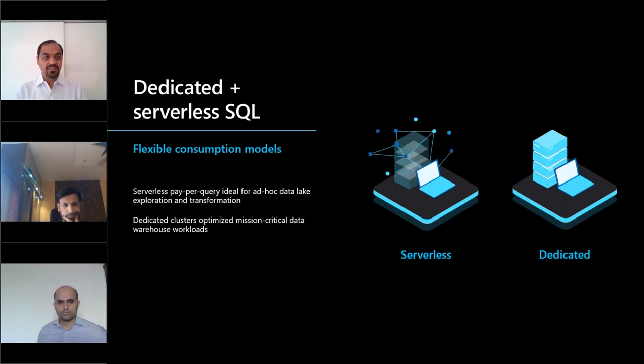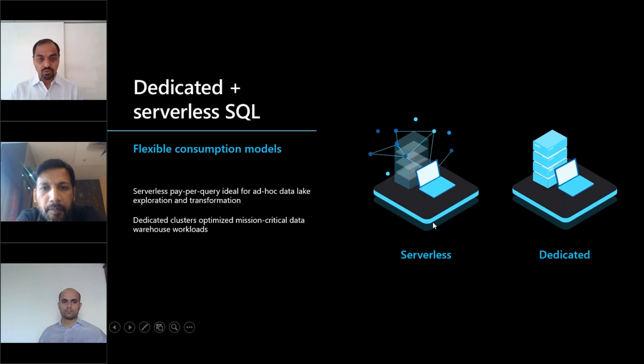We have serverless, which helps you to do that ad hoc analysis. We have a dedicated pool, wherein you can predefine your models and make data available for any analytics that you have already defined in advance. So we have a clear demarcation of serverless and dedicated compute, which really helps in making your analytics very agile.